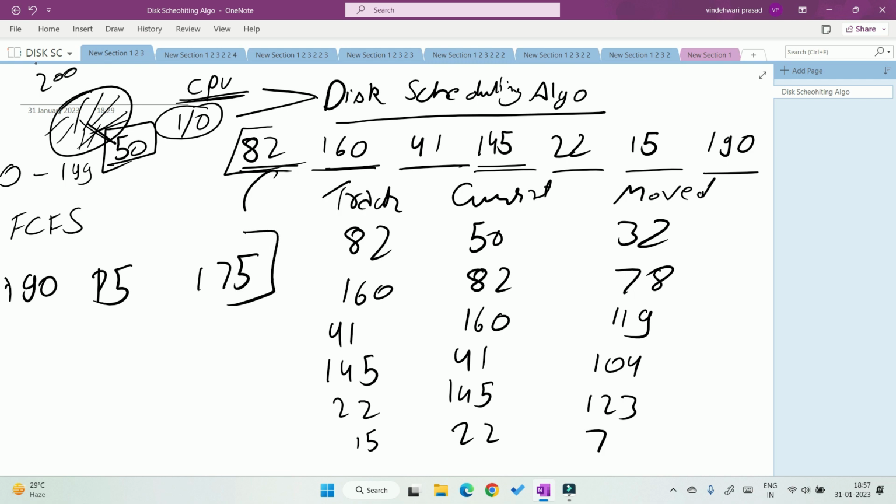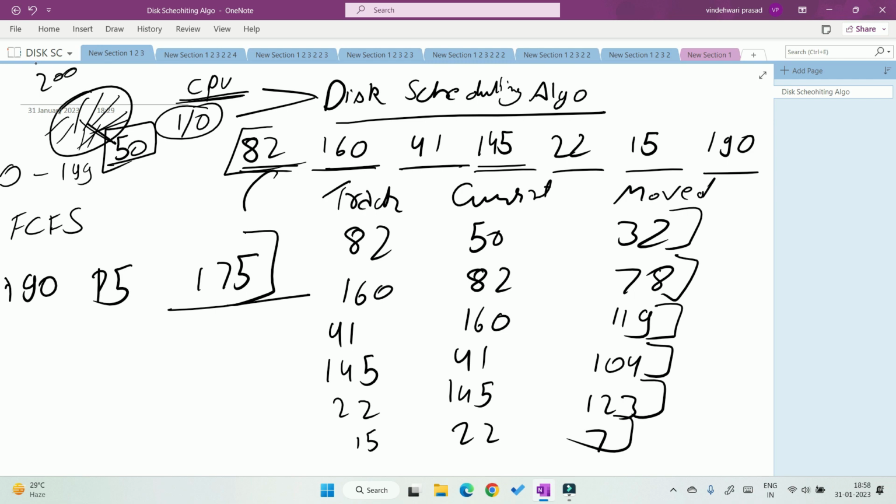Now by this method, how will you know the total time taken by the disk to complete all the IO operations? It is how many tracks it moved. Basically it moved 32 plus 78 plus 119 plus 104 plus 123 plus 7 plus 175.